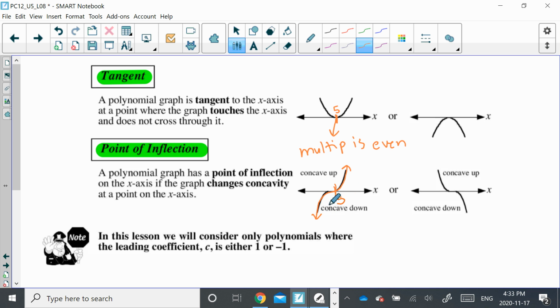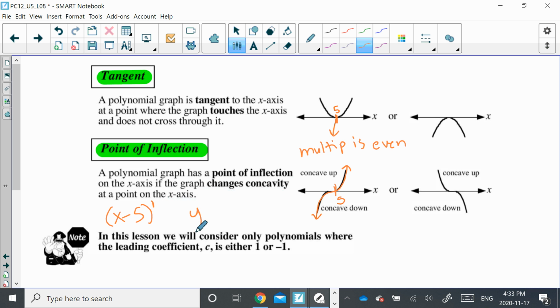And where we see this point of inflection, it's going to happen where our multiplicity is odd, not degree 1 though. Degree 1, so if we had this, for example, x minus 5, that's to the power of 1. This graph is going to just cut straight through at 5.